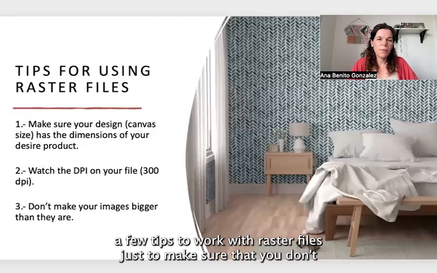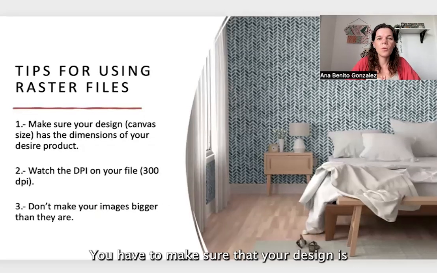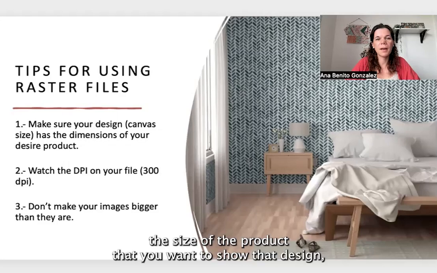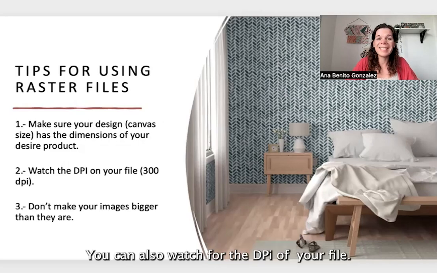So in general, a few tips to work with raster files, just to make sure that you don't run into issues, are pretty much the things that I've already mentioned. You have to make sure that your design is the size of the product that you want to show that design on. So you create the canvas according to the dimensions of the desired product. You can also watch for the DPI on your file.